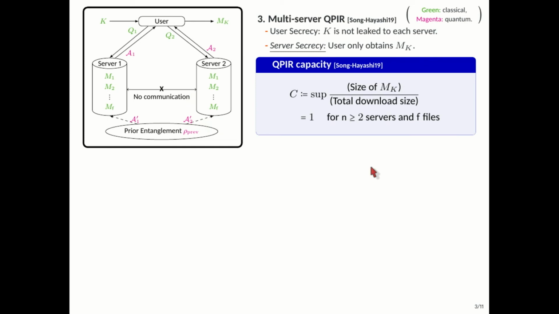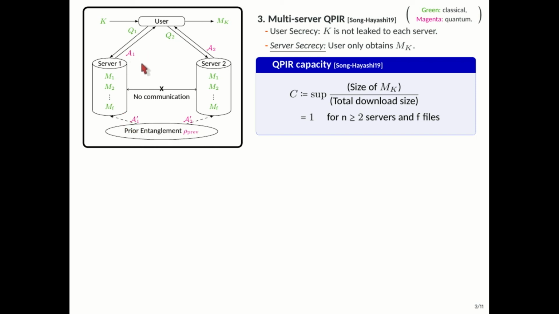And in our previous work, we studied the quantum version of this PIR capacity. In the left figure, the green ones are classical information and magenta are quantum ones. In this model, we assume that the servers share prior entanglement before the protocol starts, queries are classical, and answers are quantum.